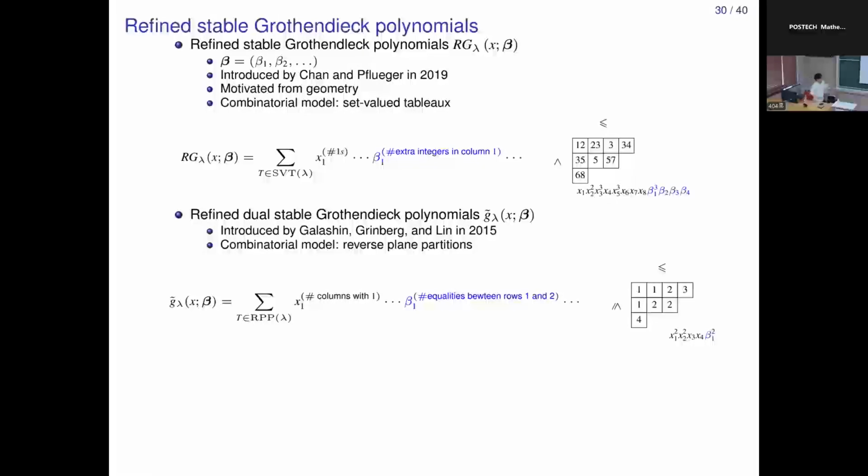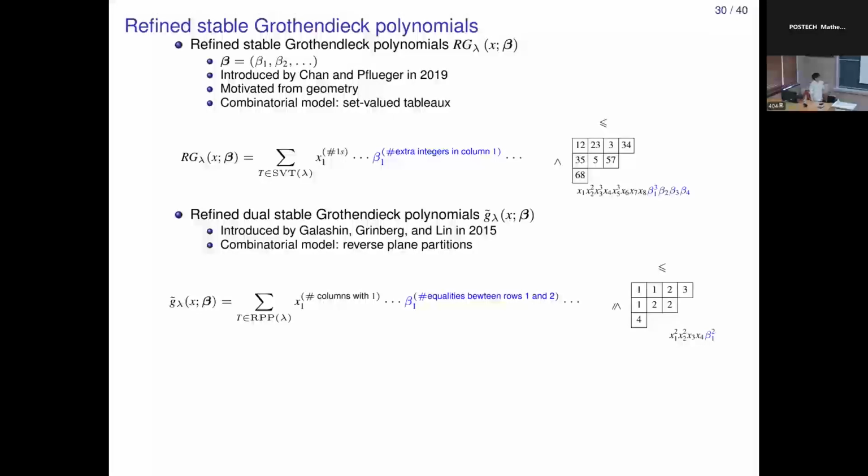That means, how many equalities do we have between row 1 and row 2? Equality means two entries in the same column that are equal. Here we have 1 equality, 1 equals 1. This is not equal. 2 equals 2. So we have 2 equalities here, which means we have beta 1 to the second. And then there are no equalities between row 2 and row 3, so beta 2 does not appear over here.